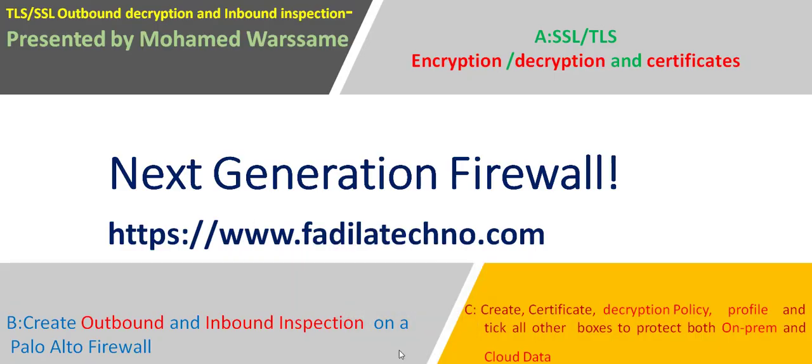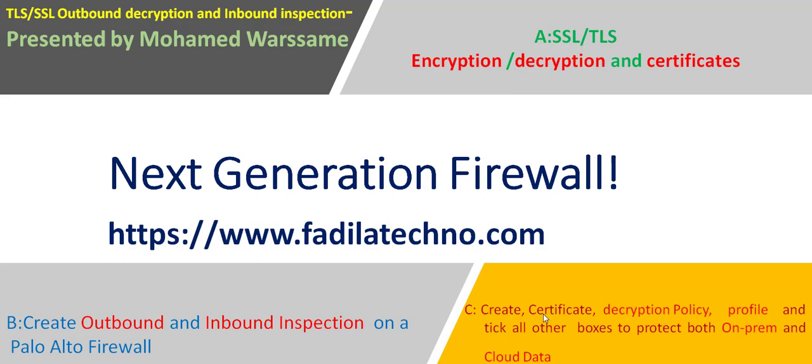What we said was to create an encryption, decryption certificate. We did that. We went to CD. We created an outbound certificate this time, not inbound. We created the certificate as a trust certificate. We created a decryption profile. We went to Objects, Decryption, that OP.